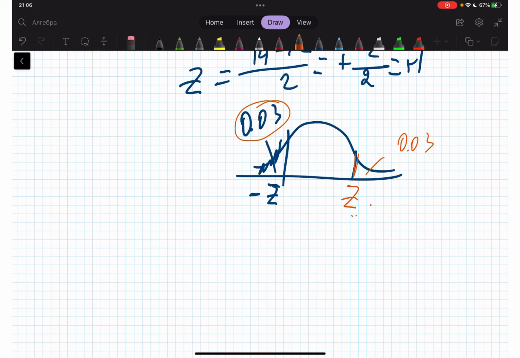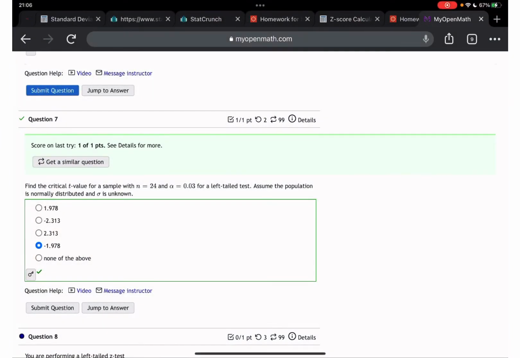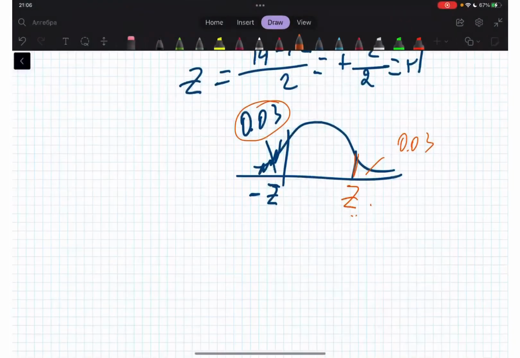Let's say, for example, in this case that we have negative 1.978, if it said the same condition, alpha is 0.03 and right tail test, then you would get positive 1.978. Why? Because these areas are the same, equal. So we take 0.03, get negative score, so we flip.